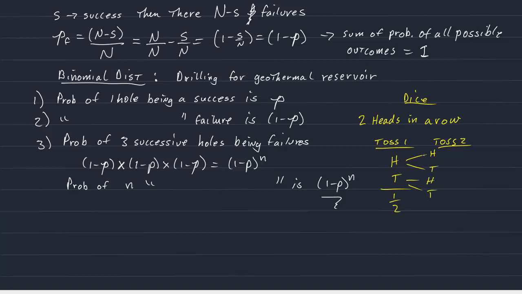And so the probability of getting 2 heads is shown by this possible outcome.